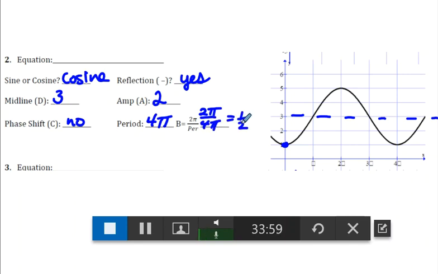Well, the pi's are going to cancel. 1/2. All right, so who in your group is going to read us the whole equation? Y equals -2 cosine 1/2 x plus 3.